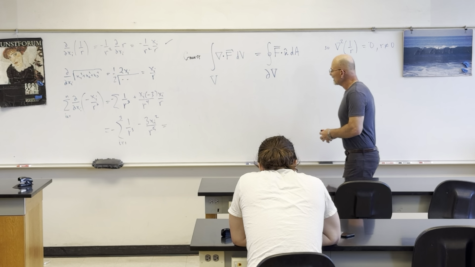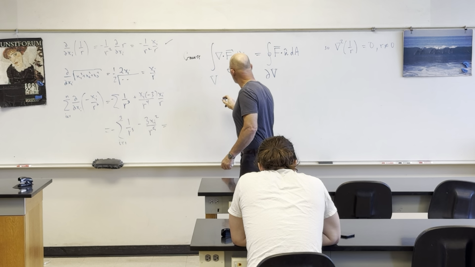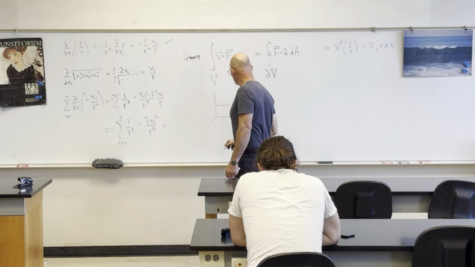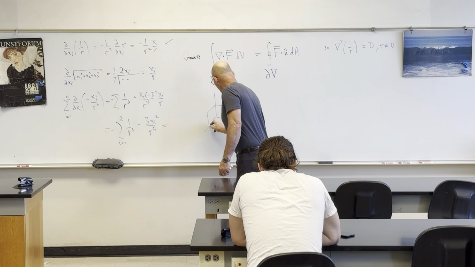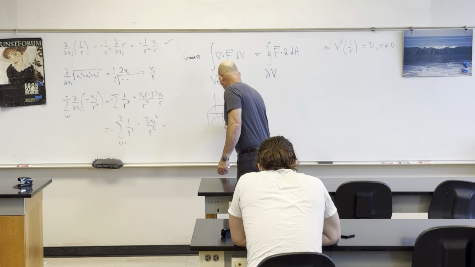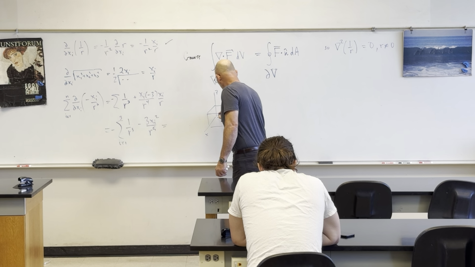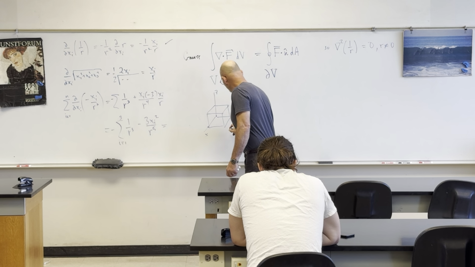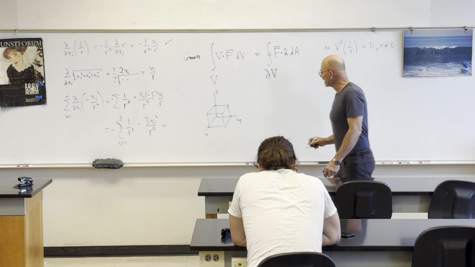So here we want to talk about Gauss's integral theorem for a cube. So what's the best way to draw this cube? I'm gonna regret this. But x, y, z, we've got the origin and the cube goes out to plus x, plus y and plus z, like that.